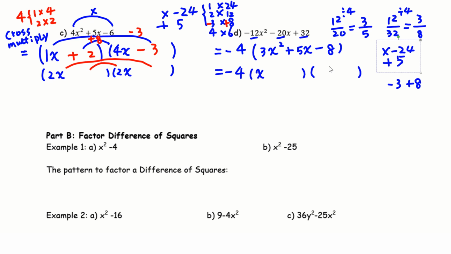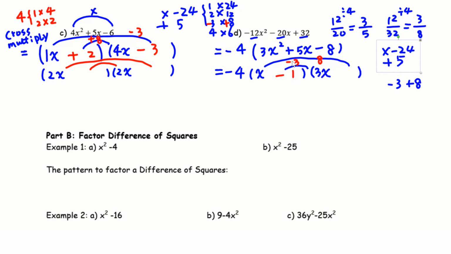And for the 3x, it's a prime number. We only have x times 3x if we use cross multiply. And these two cross, the number times 3x should not be 8, it should be negative 3. So this one should be negative 3 and another one should be 8. Then negative 3 divided by 3 gives you negative 1.